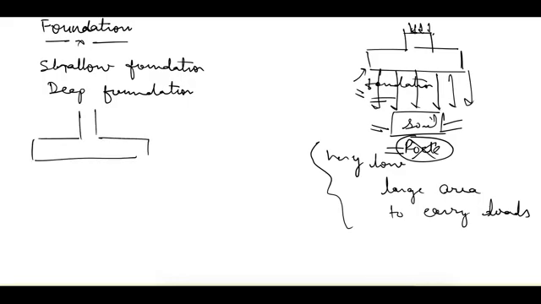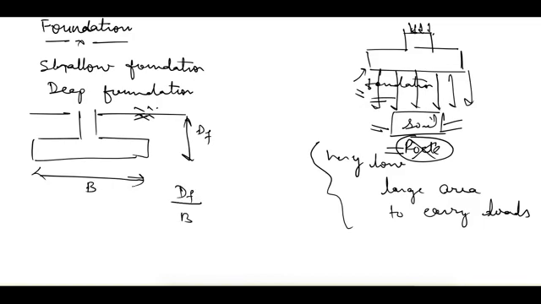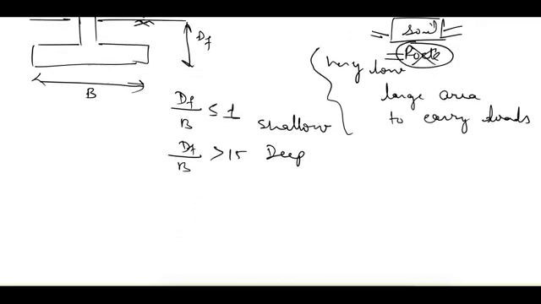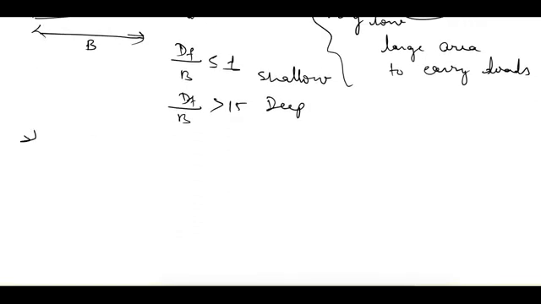If this is the foundation and this is ground level, if this is the depth of foundation Df and this is the width of foundation B, then if Df by B is less than or equal to 1, it is a shallow foundation, and if Df by B is greater than 1.5, then it's a deep foundation. So first we'll cover the shallow foundation, and then we'll see the deep foundation also.